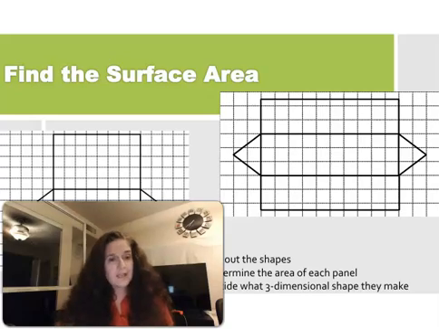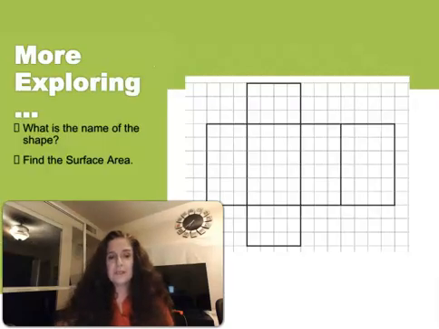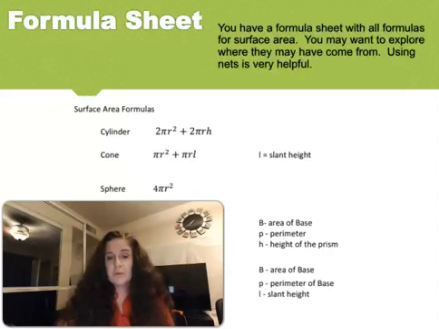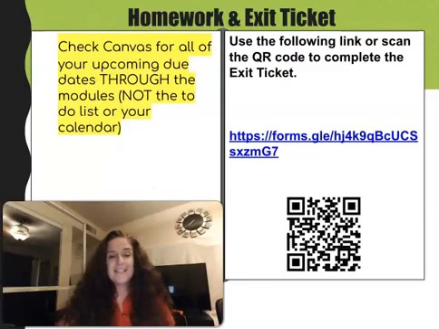Can we draw nets for a given shape, which is really important? And then eventually, after we measure some objects, we will learn some formulas. And these formulas are probably different than you've seen before. And we can practice. And when we practice, I don't care if you use the formula or if you just use the net. So that's this week.